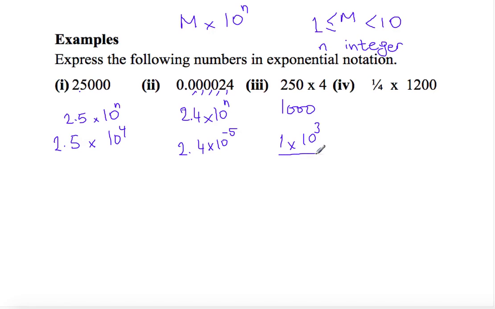This is an easy way to write 1000. 1 out of 4 times 1200 means 300, so we can write it as 3 times 10 to 2. So these are easy ways to write very big and very small numbers.